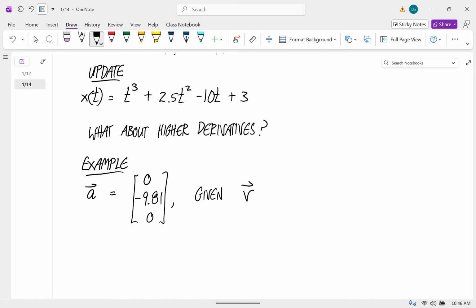Let's choose a more interesting time. So let's say the velocity vector at time equals 1 is equal to 1, 5, 1. And let's say that the position vector at time 2 is equal to -6, 0, 10.